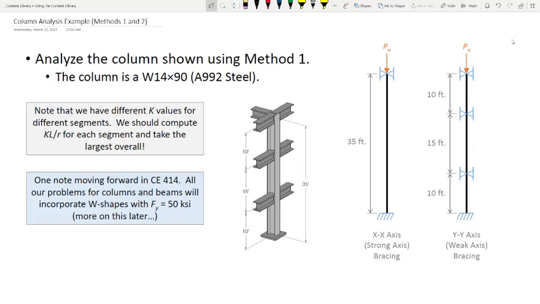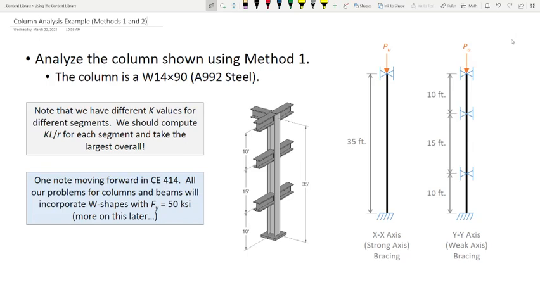Unless otherwise stated, from here on out for the rest of the semester, Fy is 50 KSI. 50 KSI is the most common yield stress for W shapes. And from here on out, we're focused on W shapes because columns and beams in commercial structures, that's primarily what you use. I mean, think about what they built, the 4th Avenue business building, or the 4th Avenue Innovation District. Those are all W shapes, every one.